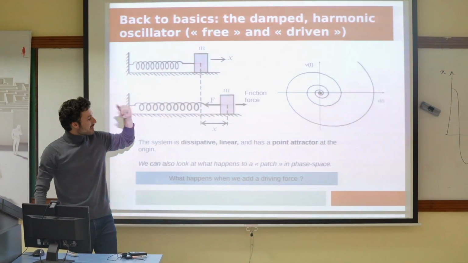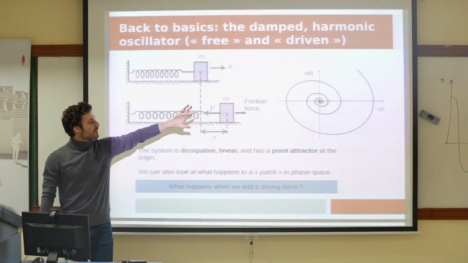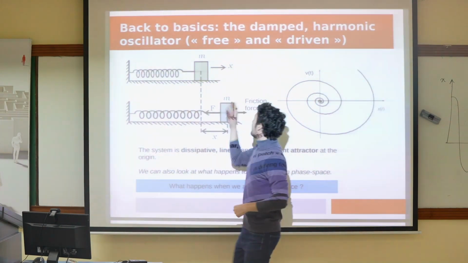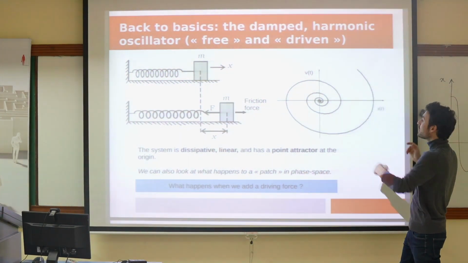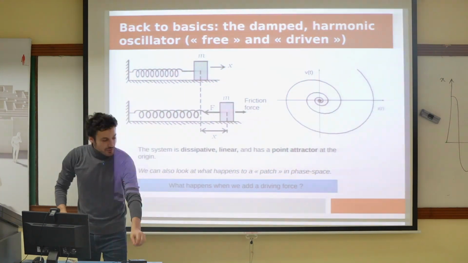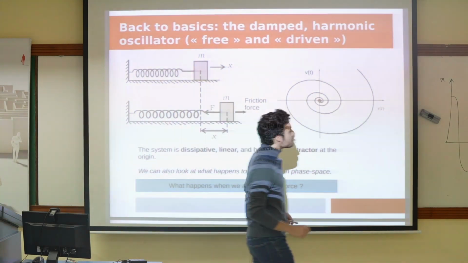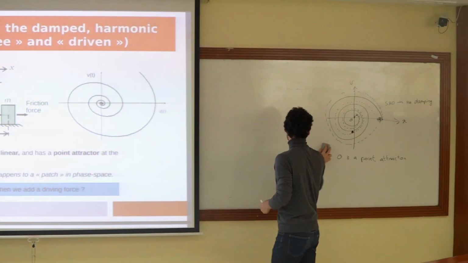We can also ask ourselves, okay, so this is the undriven, the free oscillator, right? So I've just taken my spring, pulled it, dropped it. But in a lot of the systems we were studying, there was a driving force, right? So we can have a look at what happens when you have a driving force. Because here we know that if the system is linear, right?